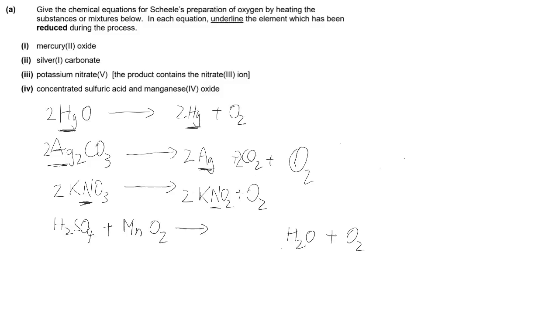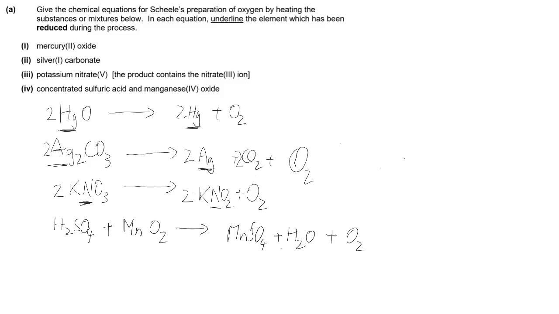So something has to get reduced. It's not anything in the water. It has to be the manganese. So in fact we're going to be generating manganese(II) ions instead, and we're going to end up with MnSO4.